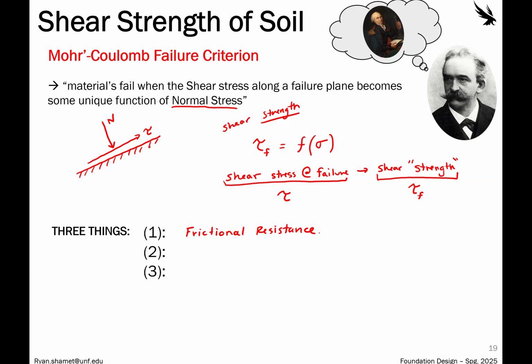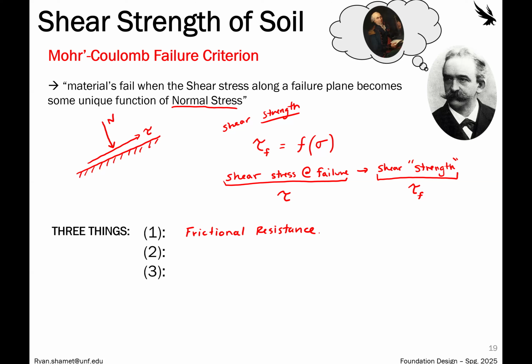Think about if you zoom in on sand particles, what might cause that sand particle to have more frictional resistance? If that sand was shaped differently, if it was angular or rounded, like a bunch of little marbles, that might have a lower frictional resistance. So from a material property, we're talking about angularity or the flakiness, if you remember back from aggregate, we were talking about that. So that's going to be a big thing, the frictional resistance.